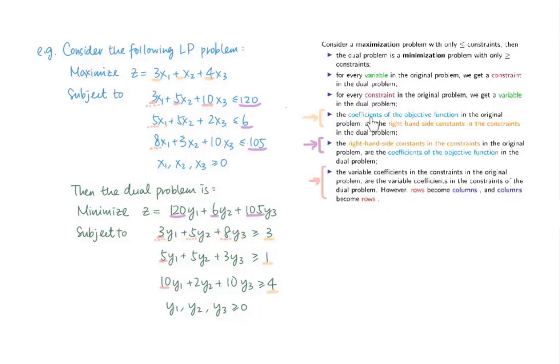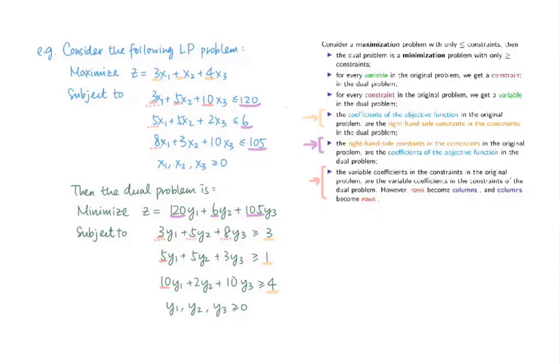Point 4. The coefficients of the objective function in the original problem, which is 314 in our case, become the right-hand side constants in the constraints of the dual problem. So we have 314 here. Point 5. The right-hand side coefficients in the constraints in the original problem, which are 126 and 105, become the coefficients of the objective function in the dual problem, 120y1 plus 6y2 plus 105y3.